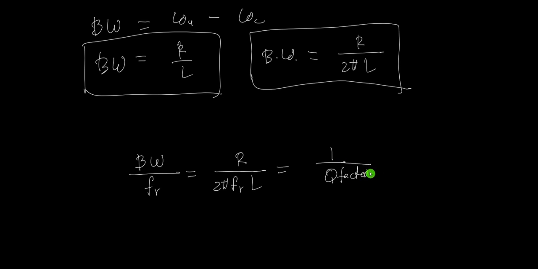So the relationship between the two, if I solve for the bandwidth in terms of the Q factor, is just equal to F of R all over the Q factor.